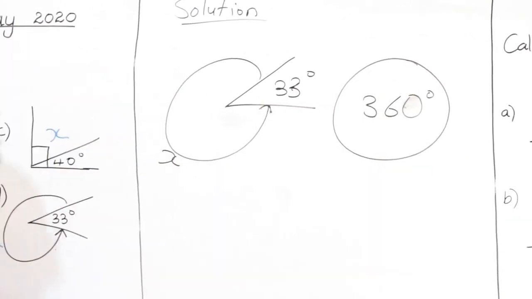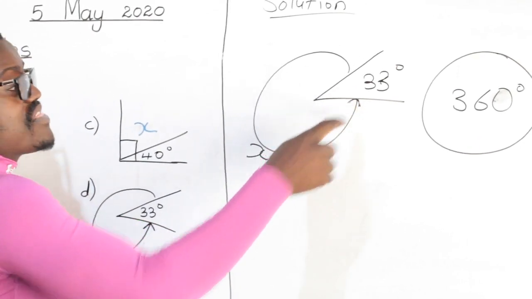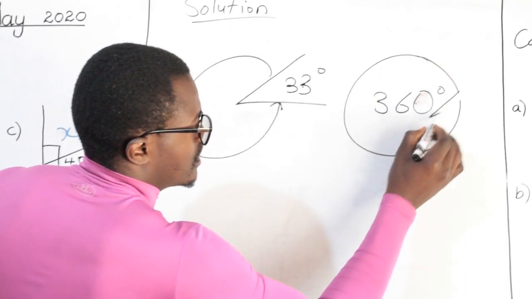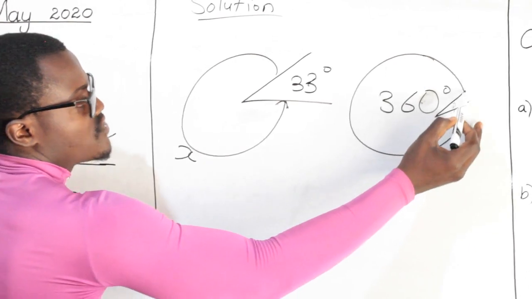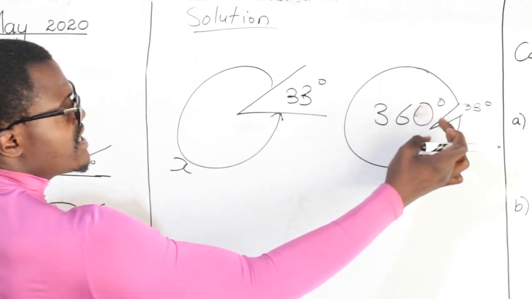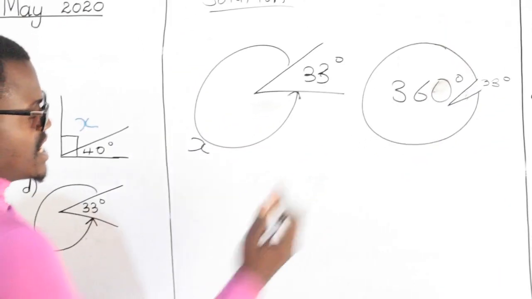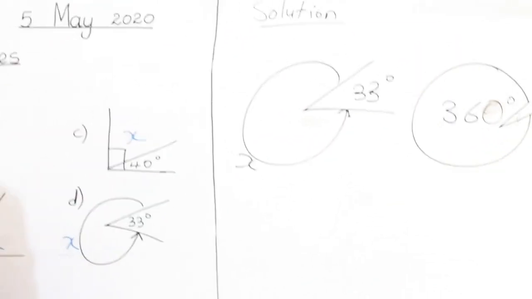360 degrees. So in this case, we have an angle that has been cut like that. So this angle now is what? 33 degrees. So we are going to subtract this 33 degrees to remain with the reflex angle that has been given.